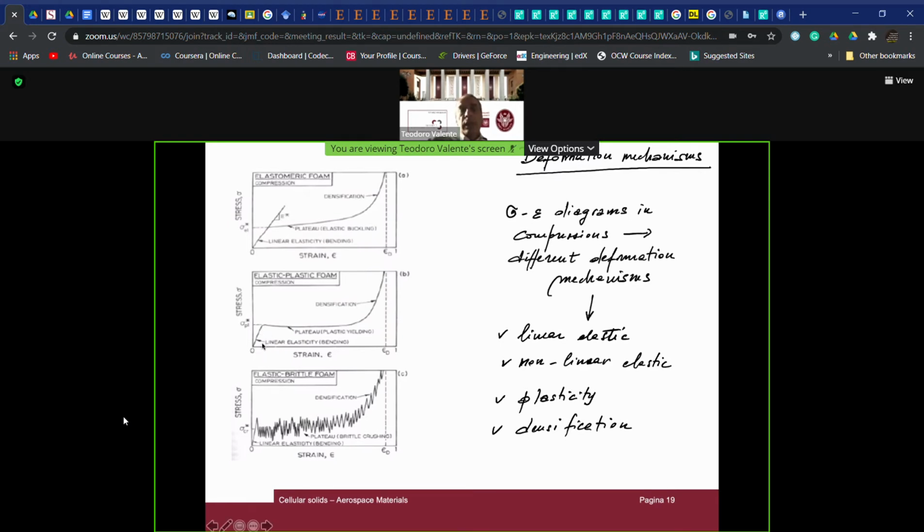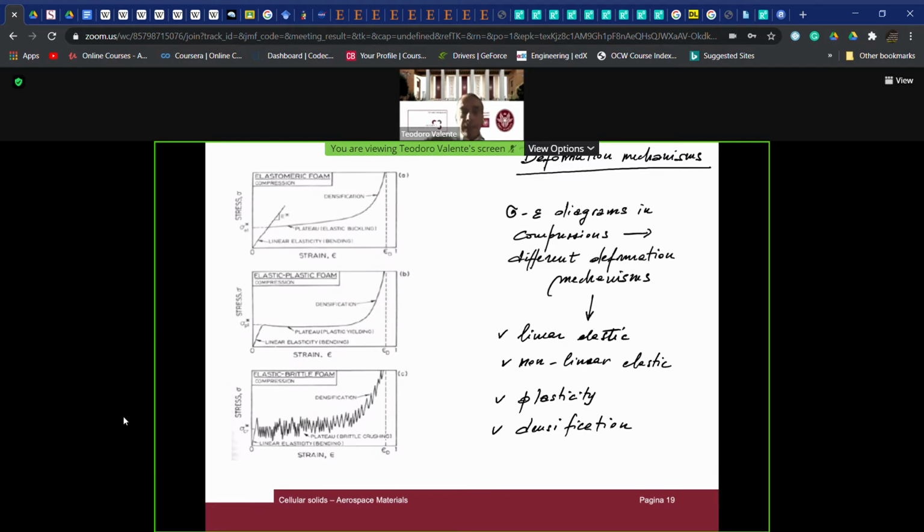So not only elasticity, linear or some non-linear elasticity, but also yielding of the materials. And the third behavior we can expect, talking generally, is that in which we have elastic behavior till densification and rupture, but the base materials show a brittle behavior, like, for example, in the case of ceramic-based cellular solids.